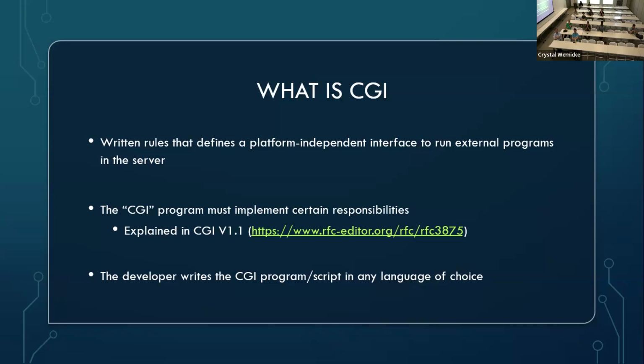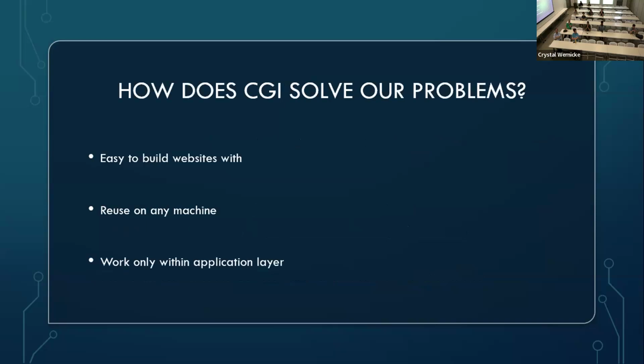So moving forward. Now that I've explained some of the problems we had before, I'd like to explain how CGI actually solves our problems. Like I said before, it's going to be a lot easier to build a website using a programming language I'm most familiar with. No longer does the developer need to worry about implementing lower level code, talking about the network stack.